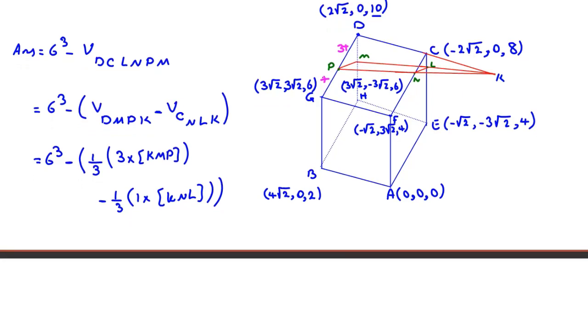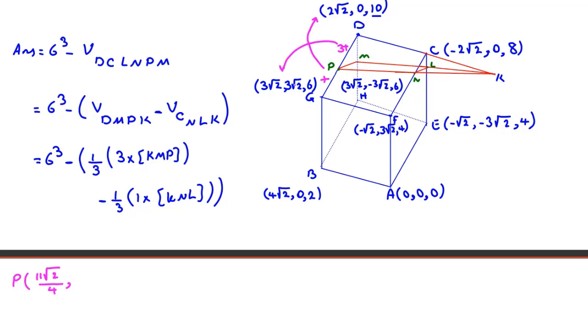It is the way when you want to find the coordinate of a point here. For example, if P was the midpoint, you would add this coordinate plus this coordinate over 2. Now, because it is 3t, you multiply this coordinate by 3, you multiply this coordinate by 1, and then divide by 4. So P will be: 3 times 3 root 2, 9 root 2, plus 2 root 2, 11 root 2 over 4 for the x coordinate.